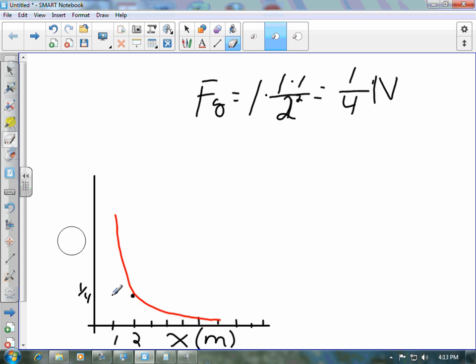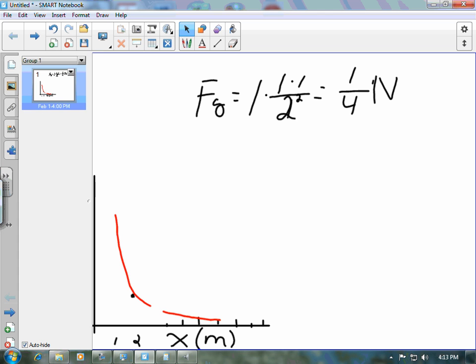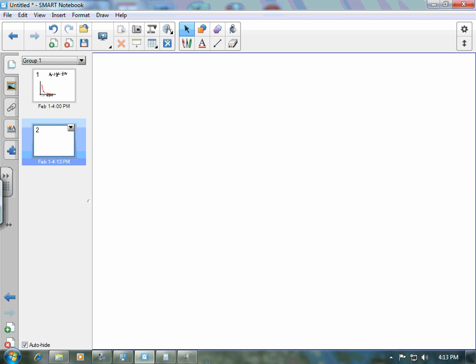And this is the big deal at Newton's time. Let's get a new page. How do we get a new page? Does anybody know? Insert blank page. There we go. So the big deal at Newton's time was showing that this equation applied to things outside of the Earth.